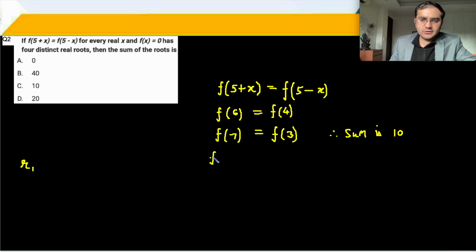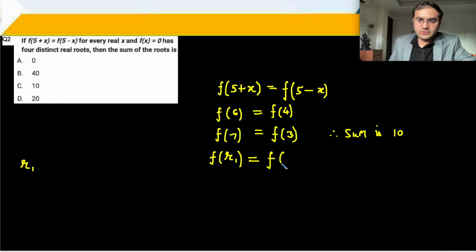Since it is a root, f of R1 will be equal to 0. And according to our solving over here, no matter what value you take, the other value will be 10 minus it: 10 minus 6, 7, 10 minus 7, because the sum is 10.